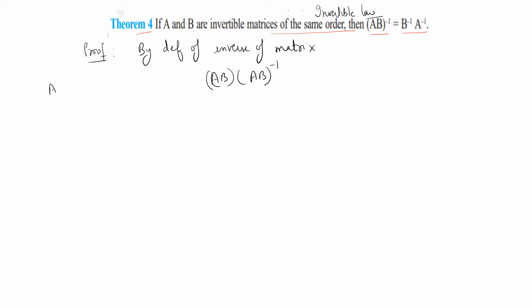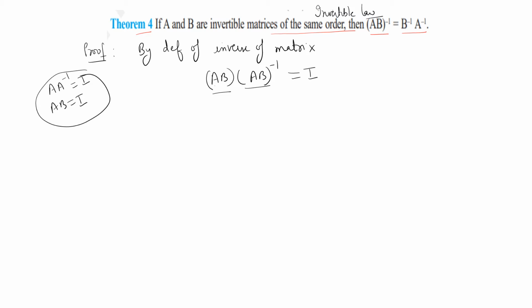As we know, if A into A inverse is I, or AB is equal to I, then B is the inverse of A. We are familiar with this property. So a matrix into its inverse turns out to be I. Taking the matrix AB, AB into AB whole inverse is equal to I, right?